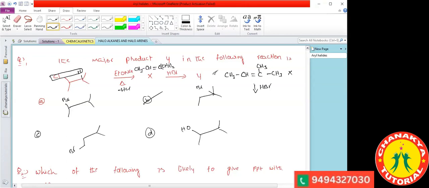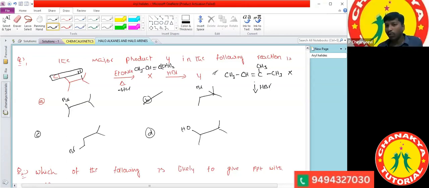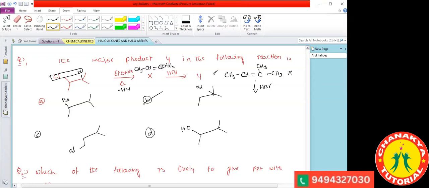Unsymmetrical, sir. If it is unsymmetrical, we have to follow either the Markovnikov rule or the anti-Markovnikov rule. Markovnikov's rule, sir. Very good, Ritu.